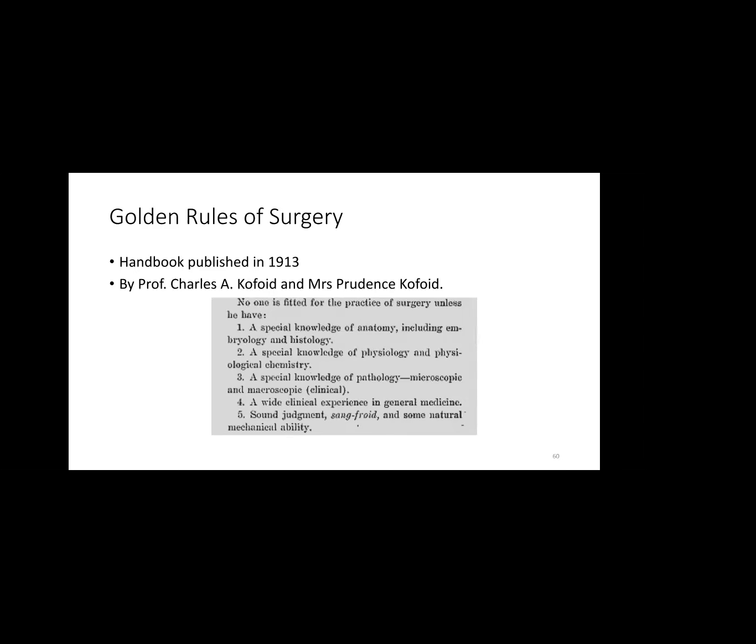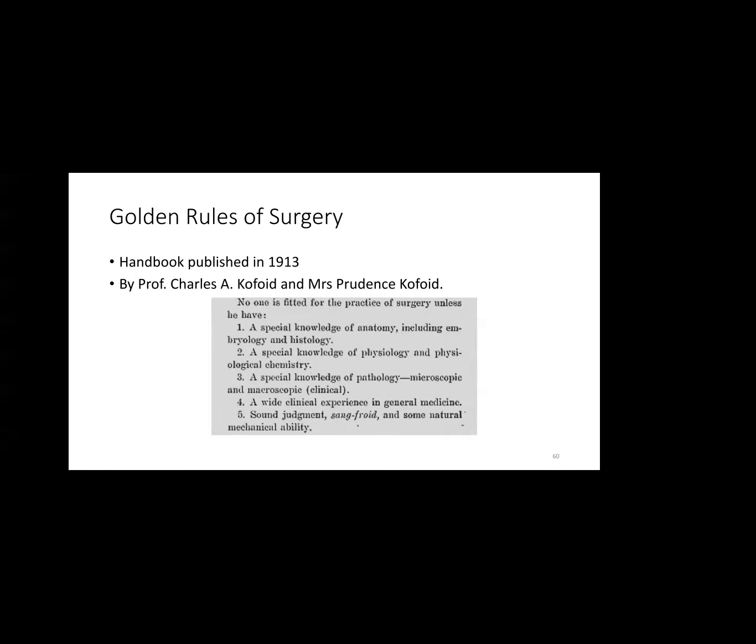special knowledge of anatomy, including embryology and histology. So basically, we now have a basic understanding of what anatomy is and a bit of physiology and how certain parts work. A special knowledge of physiology and physiological chemistry. I think we now have just the basics. I can't say we have all of it in this 1.5 hours we've tackled, but we have a basic understanding of it.